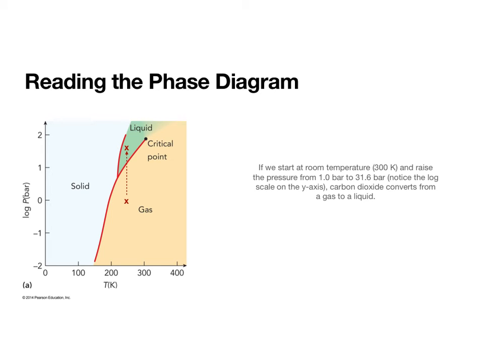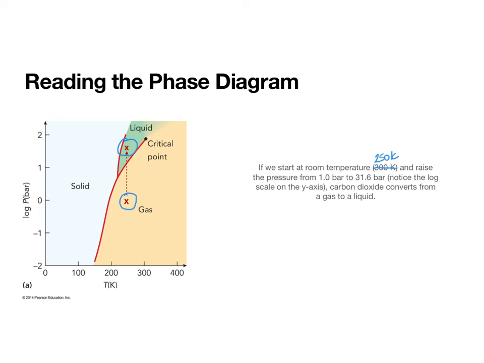Now, the same thing can happen with changing the pressure. I didn't start at room temperature; I started slightly below room temperature, like 250 Kelvin, and raised the pressure up to about 31 or 32 bar. The carbon dioxide goes from the gas and enters into the liquid.